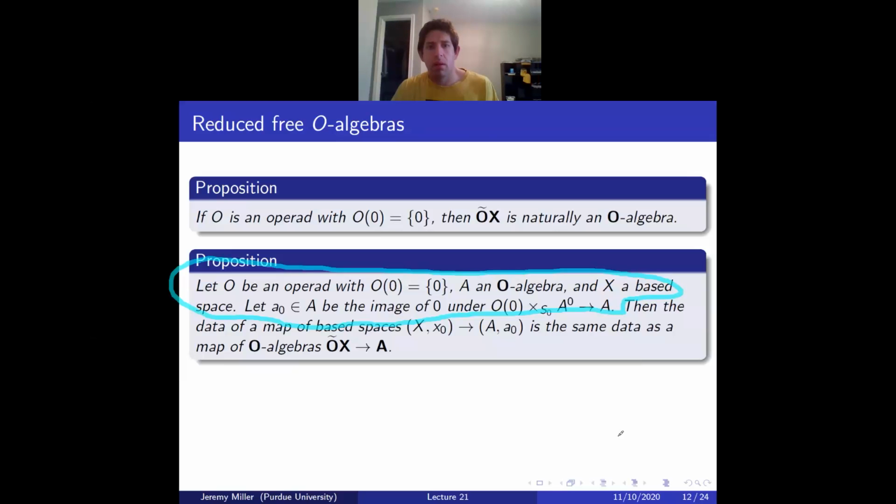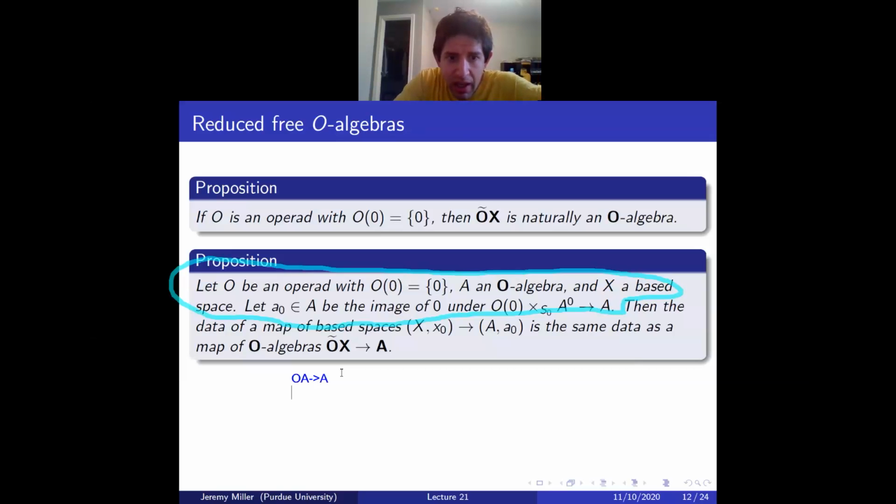Yeah. Someone can tell me if I'm wrong. So if you have an operad, if A is an O-algebra, then there's a map like this. Concretely, what is that?